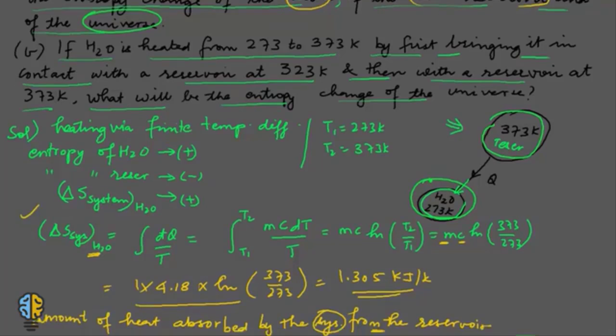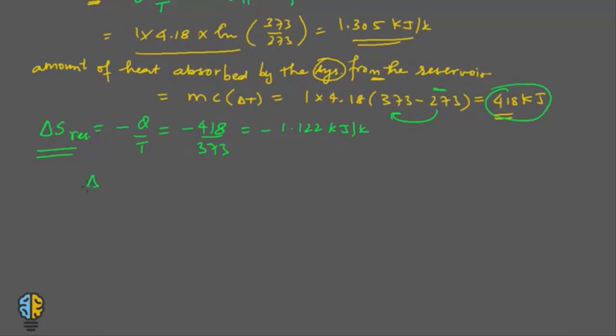Alright, so the delta S of universe is equal to delta S of system plus delta S of surroundings. So this would be equal to 1.305 minus 1.122, and this would be equal to 0.183 kilojoule per kg.